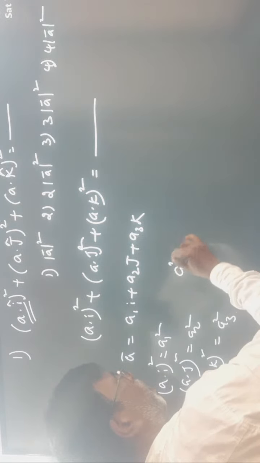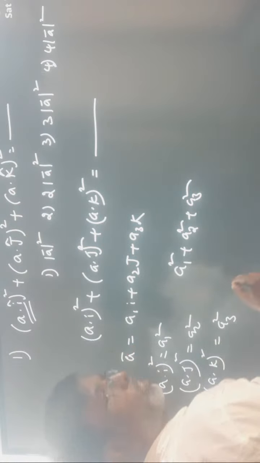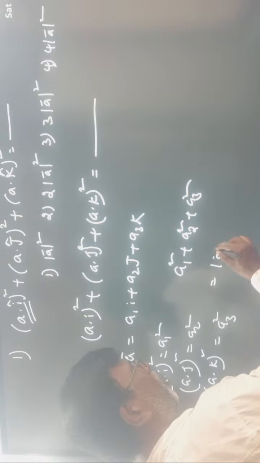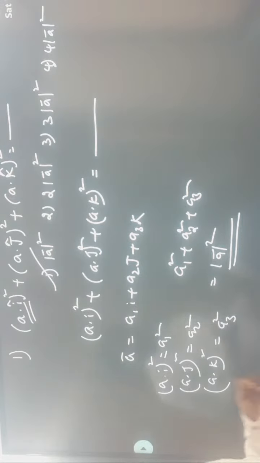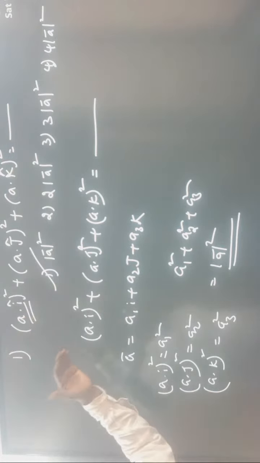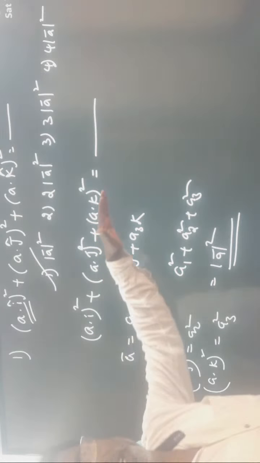Right? Now what is the question asking? a1 square plus a2 square plus a3 square. This is nothing but mod a bar square. So which one is the correct answer? First is the correct answer. Once again I will explain this. (a dot i) whole square plus (a dot j) whole square plus (a dot k) whole square equals how much?